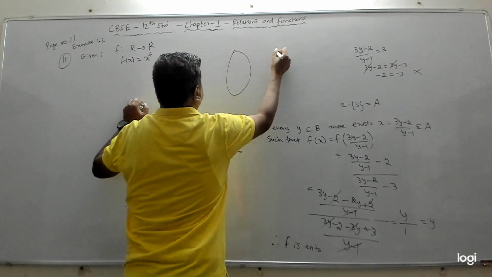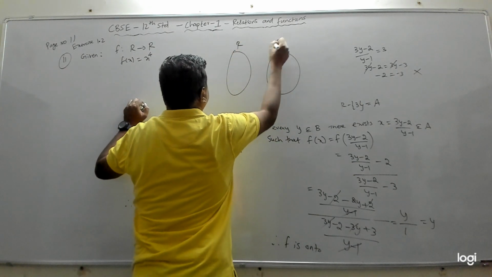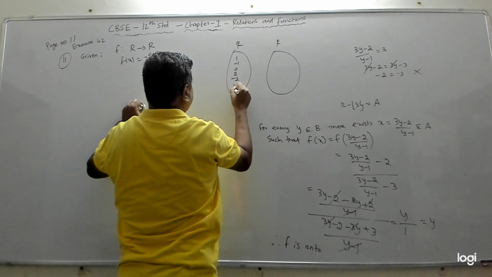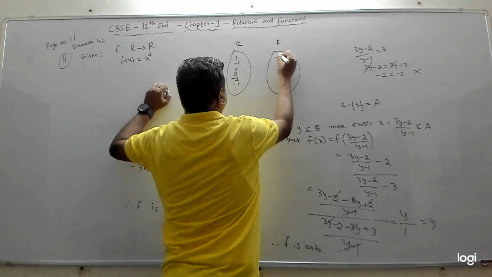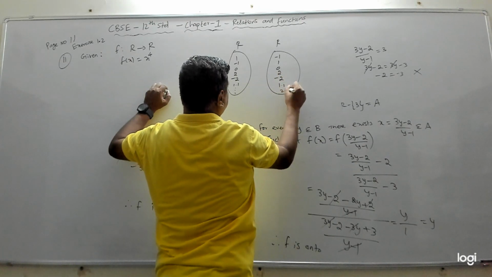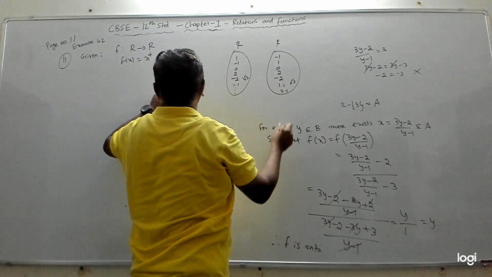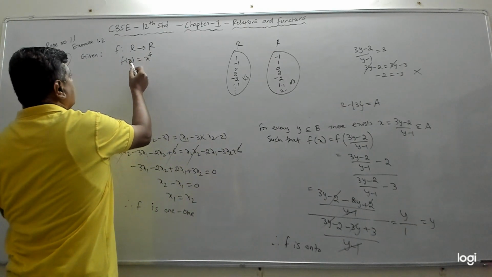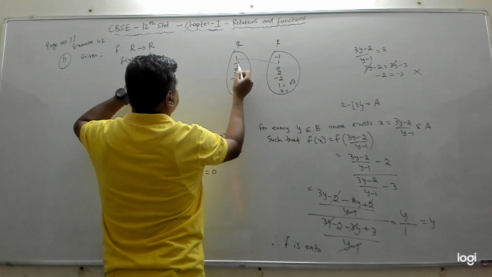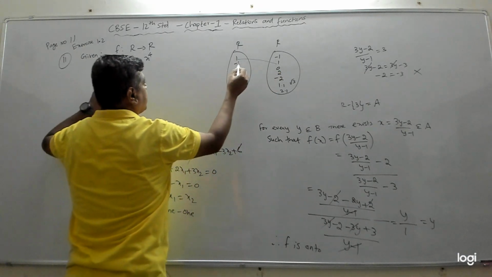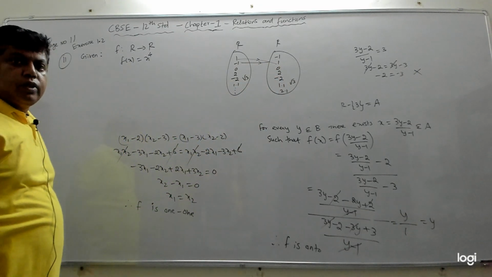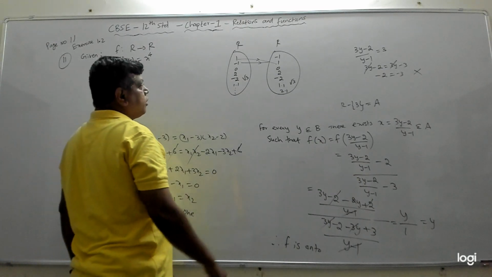Suppose I take some real numbers: 1, minus 1, 0, 2, minus 2, 1.1, root 2, root 3, whatever, positive and negative numbers. Now 1 goes to 1 power 4, which is 1. Minus 1 goes to minus 1 power 4, which is also 1. Therefore, f is not 1 to 1.